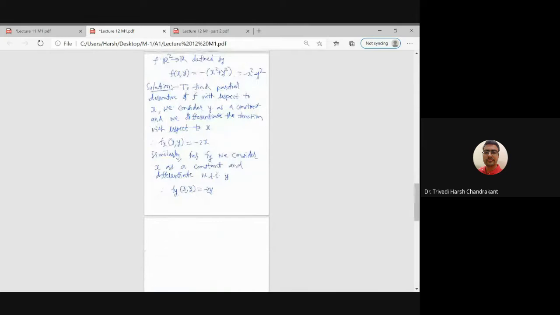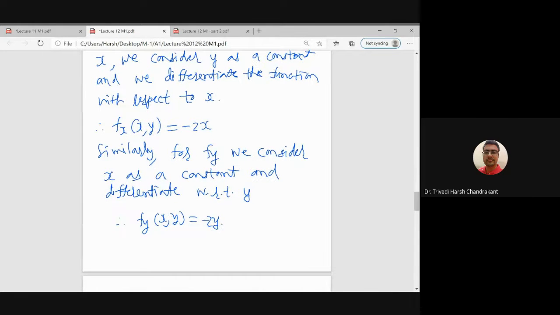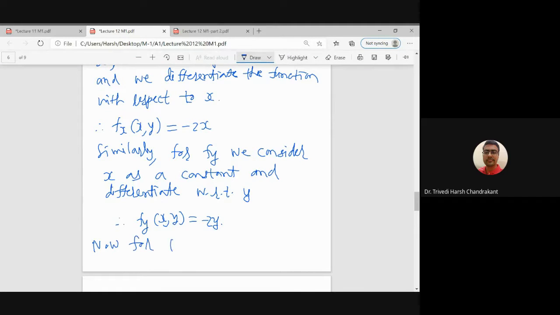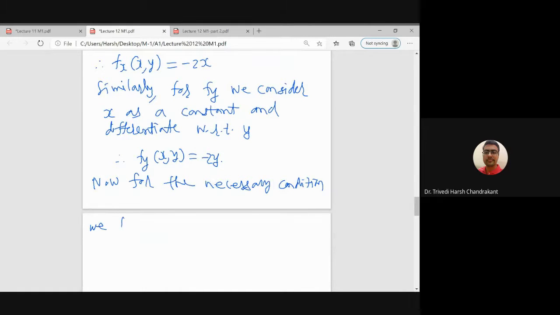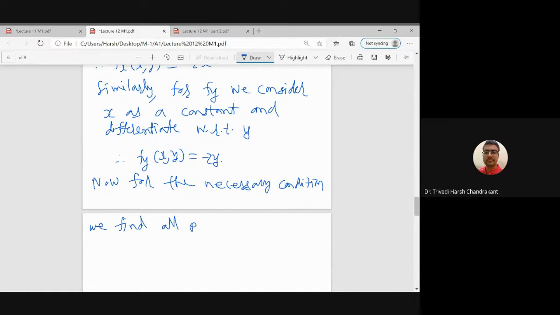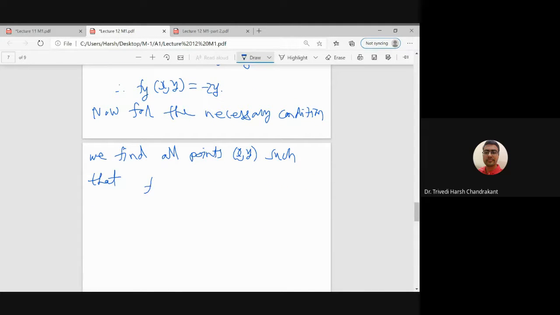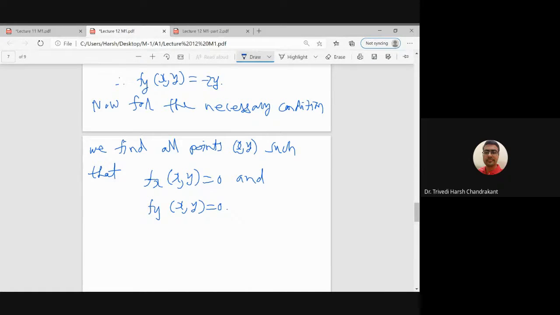So now, for the necessary condition, we find all points x and y such that fx is 0 and fy is 0, both the equations.